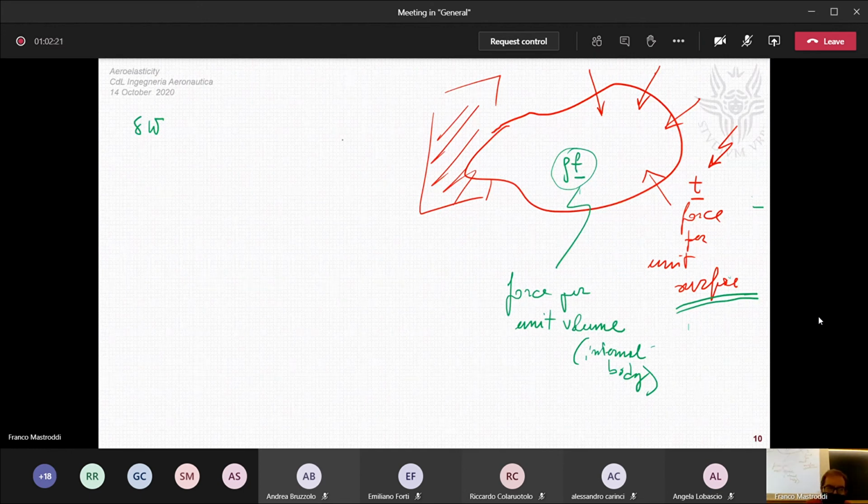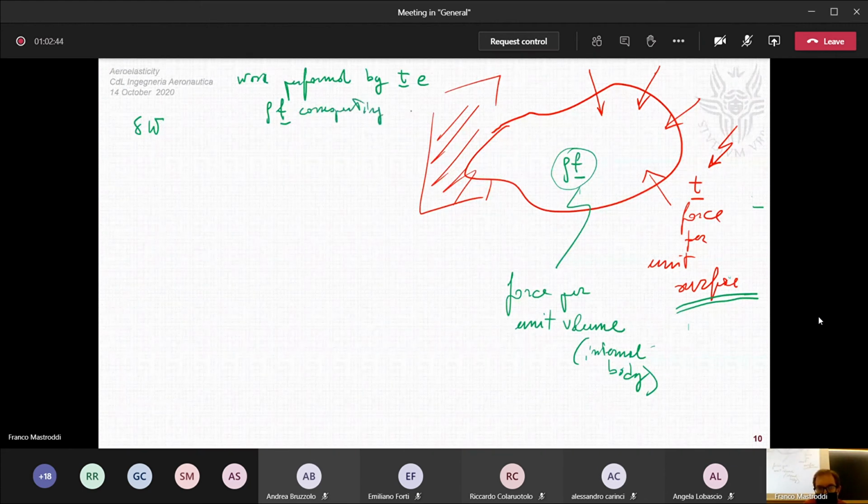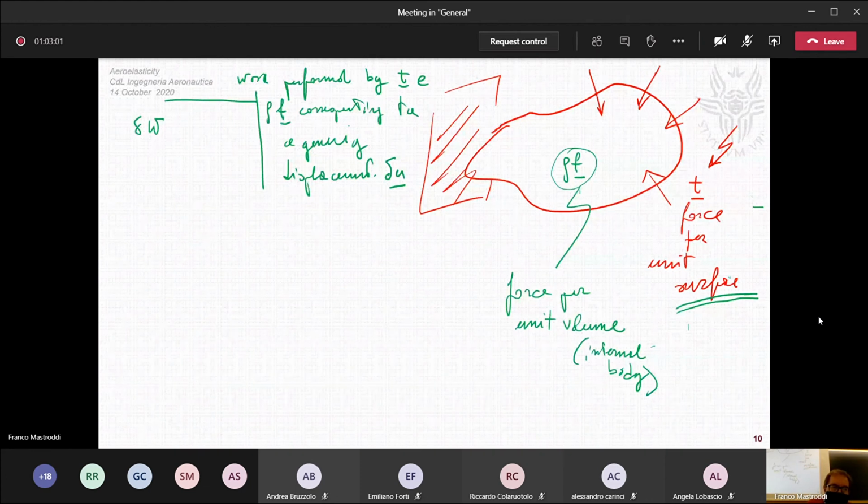So if you assume the work performed by T and rho F corresponding to a generic displacement delta U, we can call this work delta W.